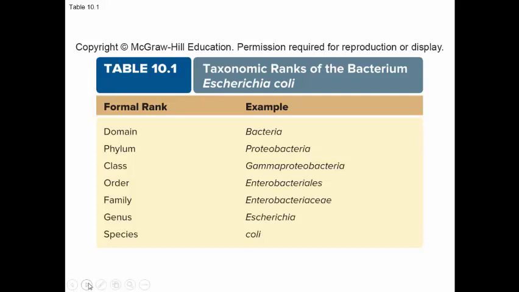So when you look at the strategies to identify, we start off with structural, but there's limits to that, right? You know, it's round, it's rod-shaped, it's spiral. Yeah, that's great, but there's lots of round, rod-shaped, spiral. We start biochemical. Okay, gram staining, capsule staining, acid-fast.